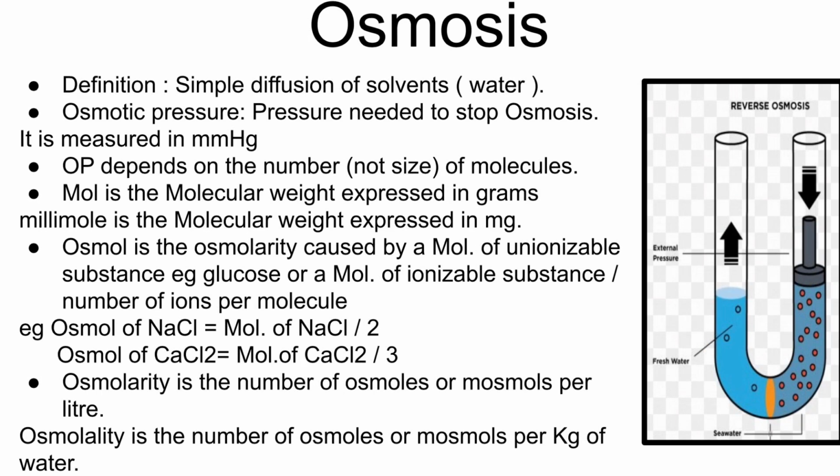Note: 1 liter of blood plasma contains 290 milliosmoles of different substances, for example, glucose, sodium chloride, potassium, calcium chloride, and more. To stop this osmotic force, we need osmotic pressure, which equals 290 times 19.3, which equals around 5,000 millimeter mercury, which equals around 7 atmospheric pressure.